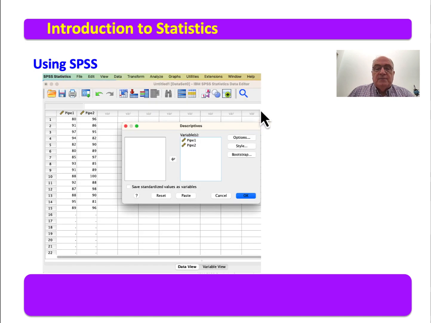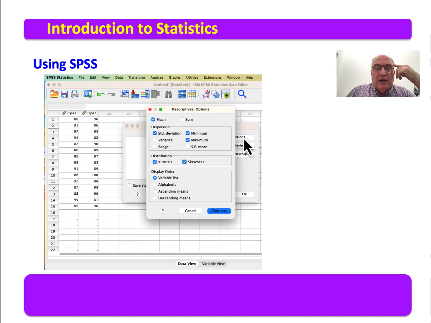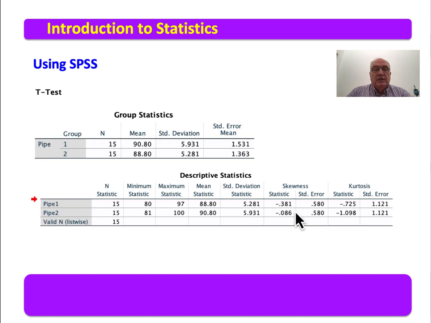And you hit your descriptives, and lo and behold, you put both of them in here, and you select your options. And you choose skewness and kurtosis. And let's see what we get when we hit continue. Well, lo and behold, with this, we got the same thing we did on the others. 15, mean, pipe 1, pipe 2, standard deviation, same values. But now in our descriptive values for skewness, we got a negative 0.381 and negative 0.725.